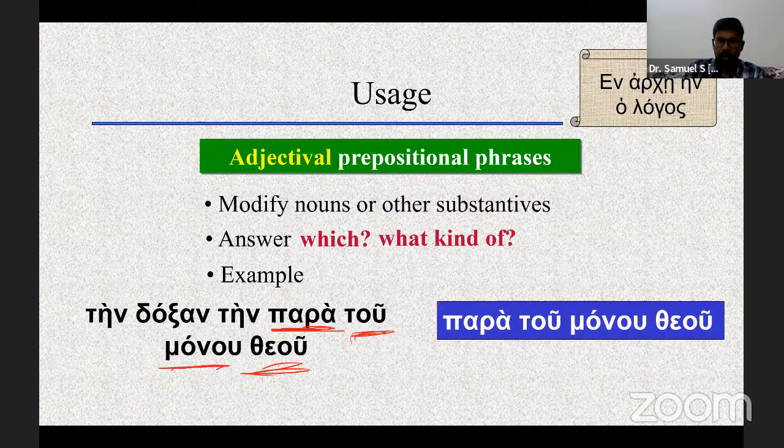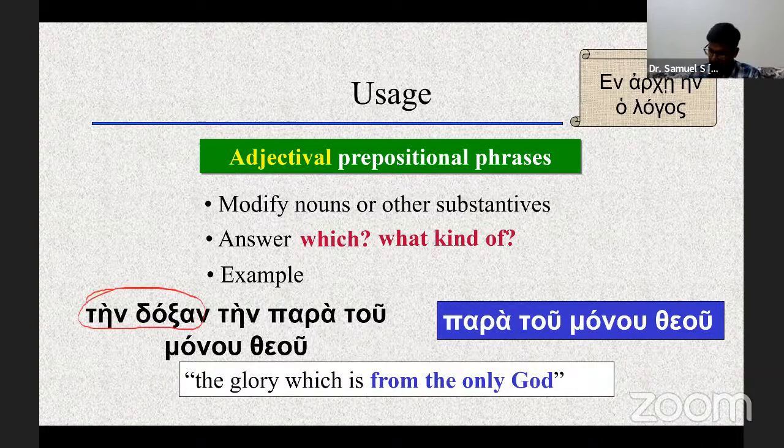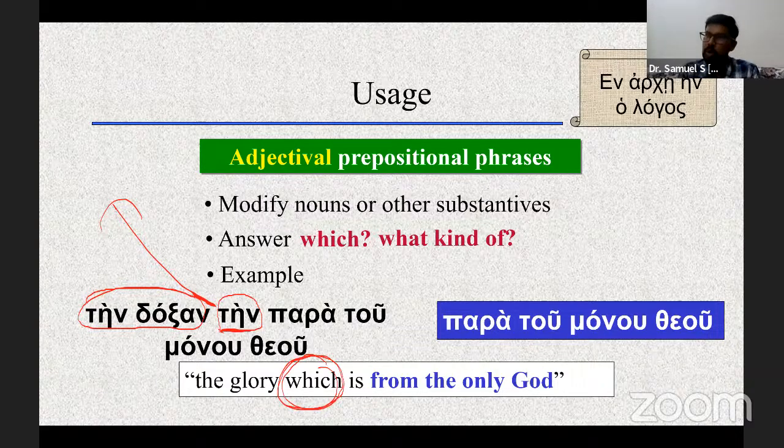So let's see what's happening here. The glory, and here the article is functioning like a pronoun, which, by the way, the articles in Greek are the most versatile things.